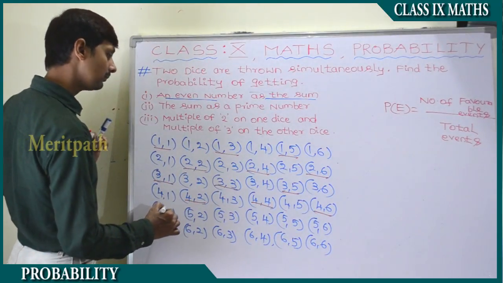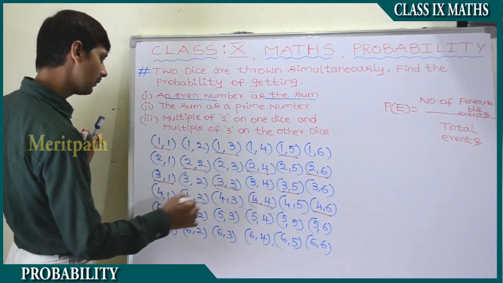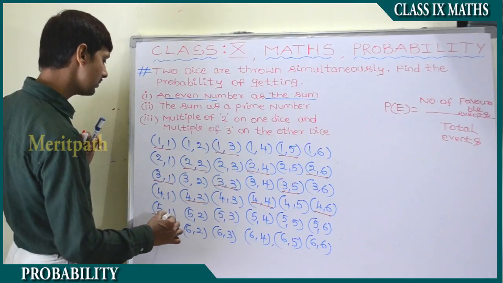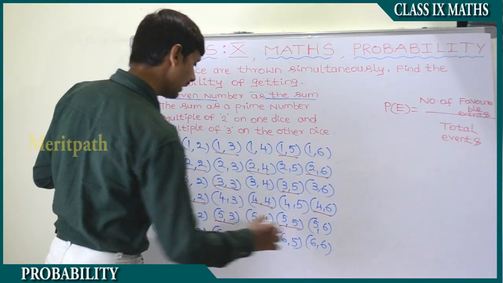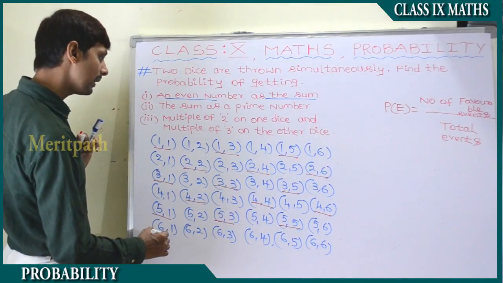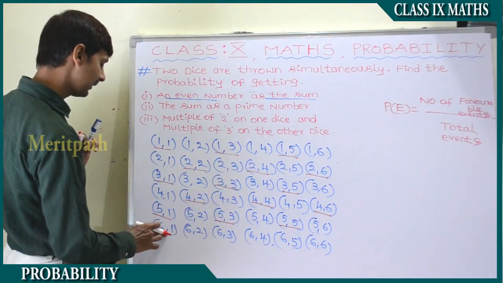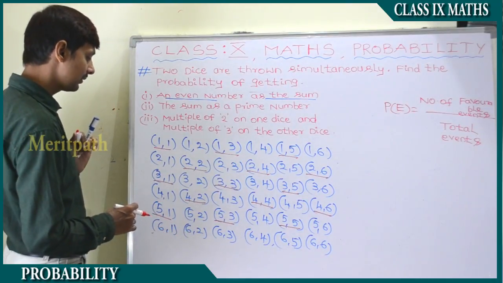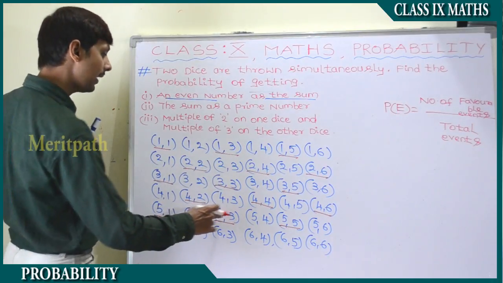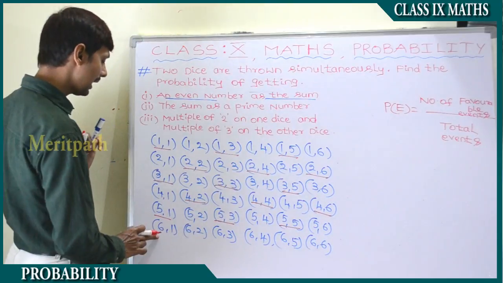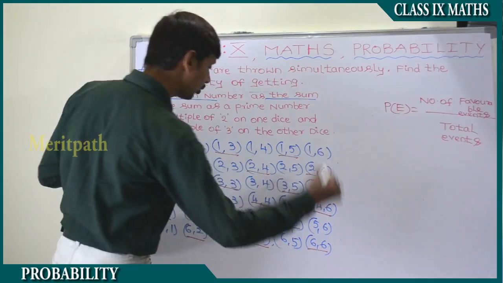Then 5 comma 1, 5 comma 3, 5 comma 5. Then 6 comma 1 is 7, so let's not take this. And then 6 comma 2, 6 comma 4, and 6 comma 6.